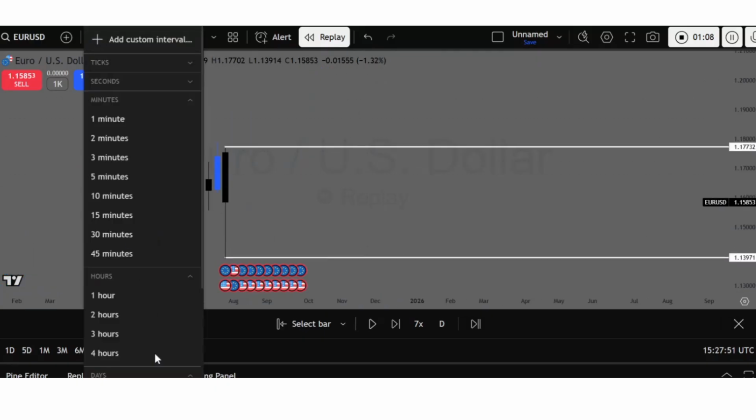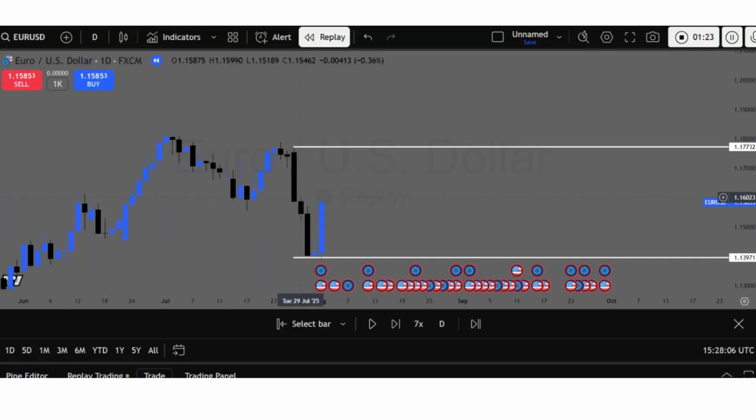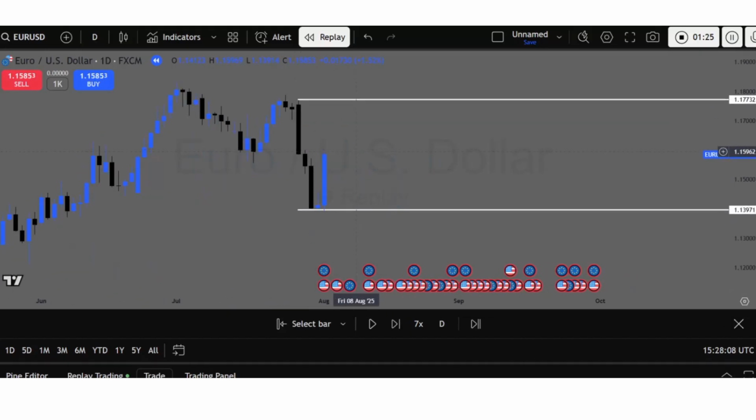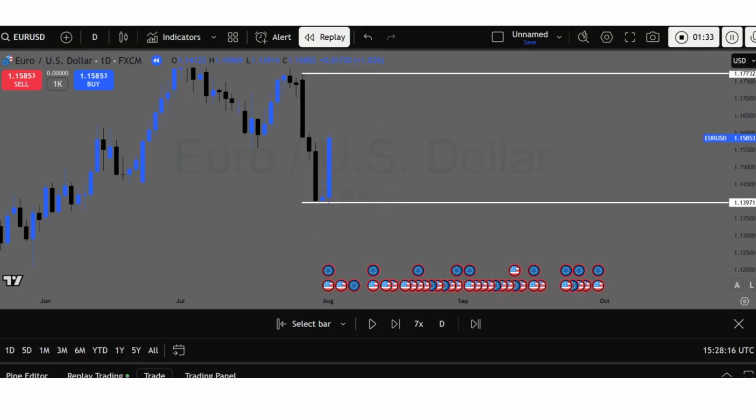I'll go down to the daily time frame since I was on the weekly time frame. It's like issues, but we'll continue because the market doesn't stop. As you guys can see the structure of the market right now, we have literally three fair value gaps. And what do I imply by that, guys?